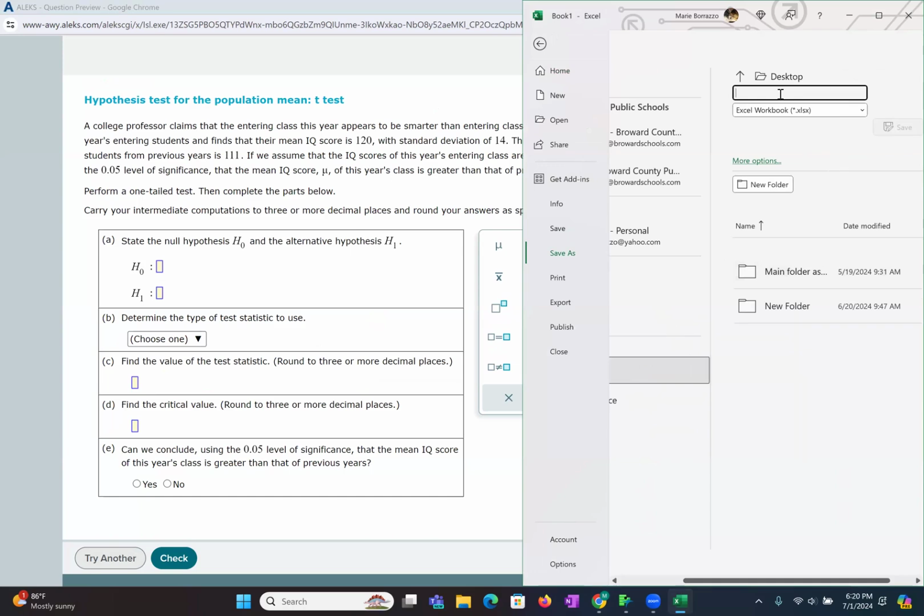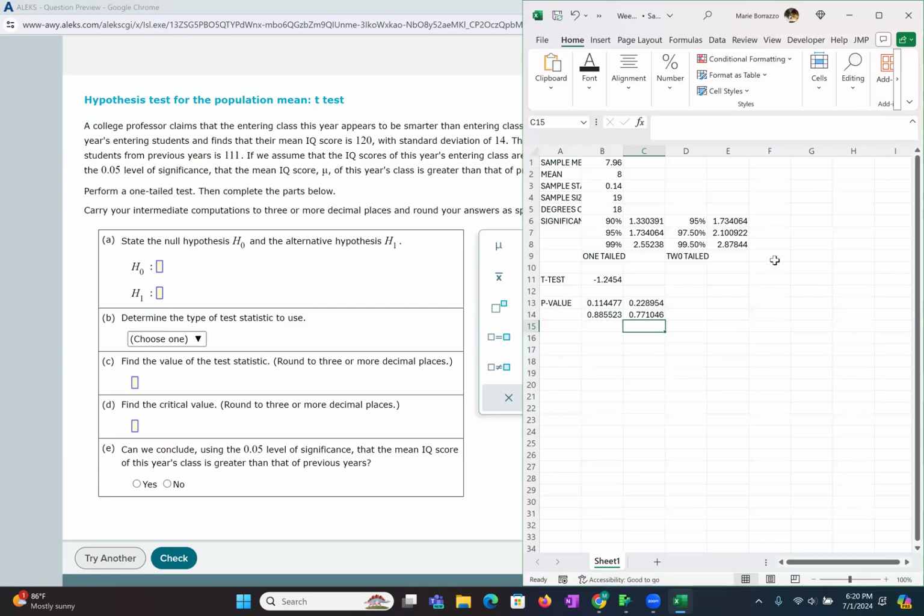Okay, so this is week 9, and this is t-test calculations. So I'm doing week 9 t-test. Let me close it out. I'm going to send it to you right now.